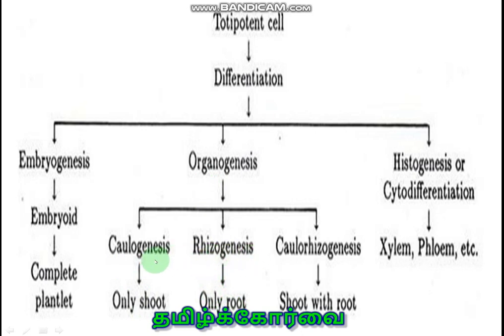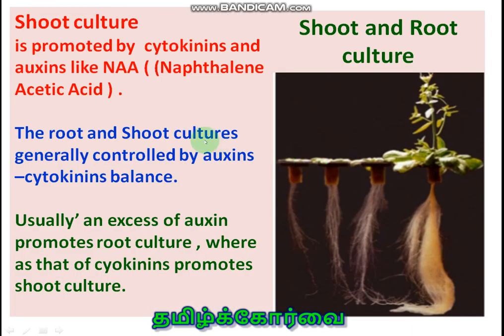So by various hormonal adjustments, we are able to make the callus produce only the shoot or root, or both, also known as caulo-rhizogenesis, shoot with root. Histogenesis is also possible, also known as cytodifferentiation, producing xylem, phloem. Likewise, independent or individual tissue can be produced.